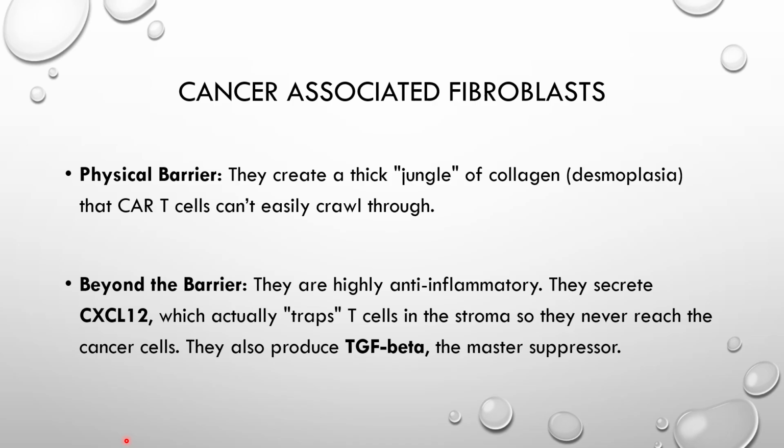They also secrete a chemokine, CXCL12, and these trap the T cells in the stroma, so they never actually reach the cancers, and they also produce TGF-β, which is a master suppressor.